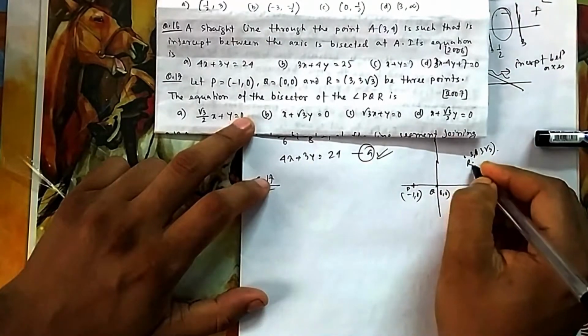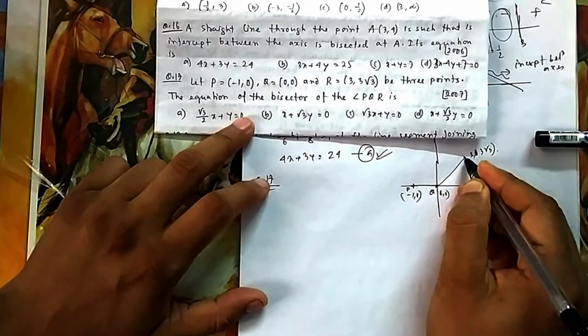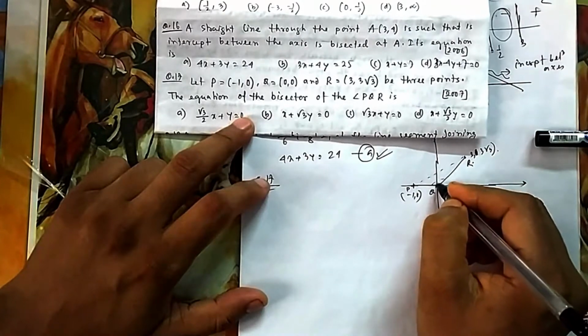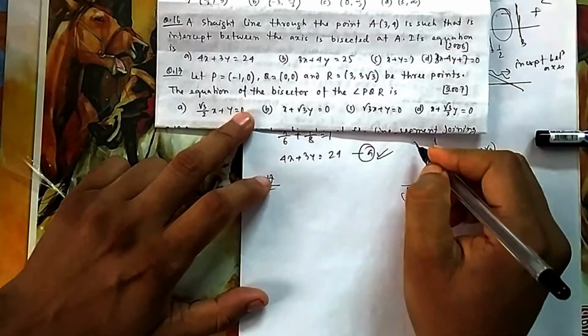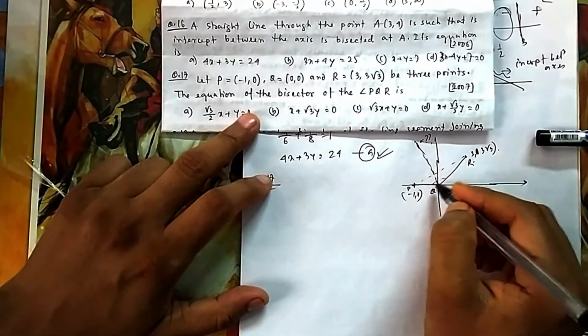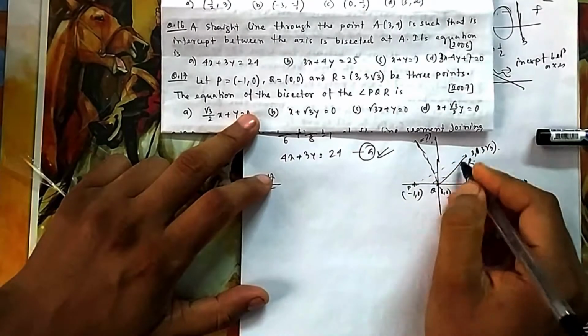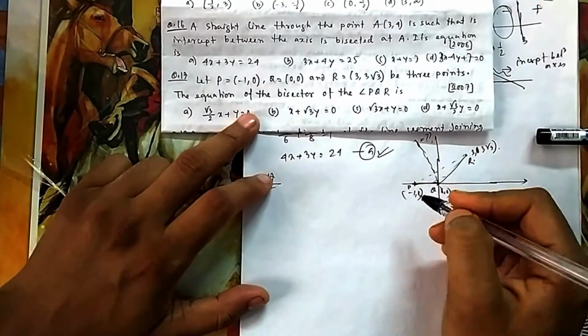So the angle bisector of PQR. If you draw this one, they are asking to find the angle bisector of this angle, so this equation they are asking. You can apply the angle bisector formula: you find the equation of PQ, you find the equation of QR, then you apply the formula for the angle bisectors of two lines.